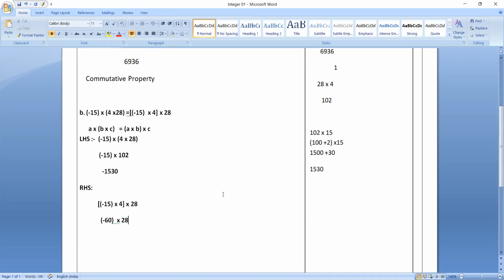Similarly, we have to multiply 28 with 60. What will happen? Let's see. 60 multiplied with 28. You know that. What will the answer be? So I'll just write 28 multiplied with 60. Let's do this.